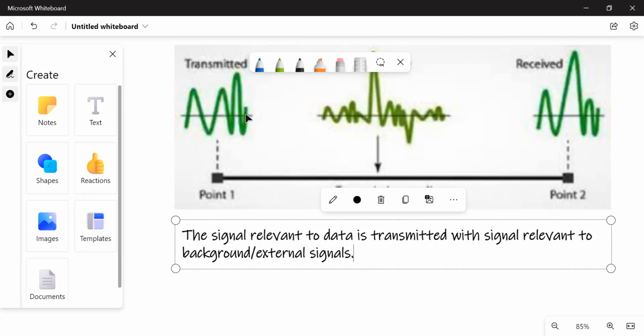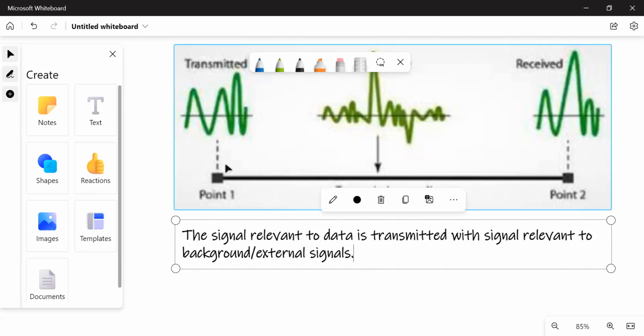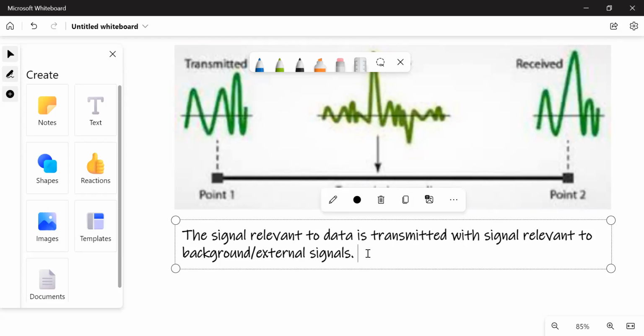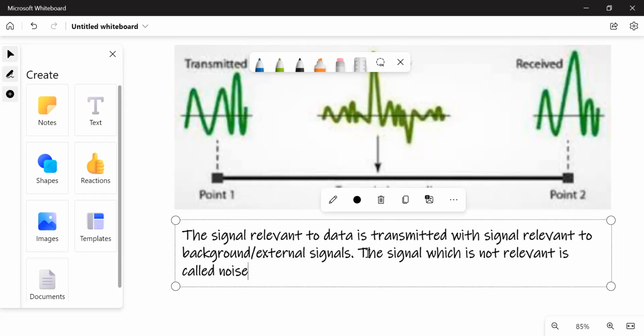So that is exactly what I want to tell here. We have something to send, but you send it with both. This is noise. The signal which is not the one we want is called noise.